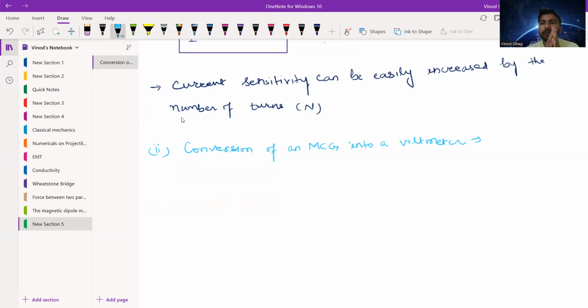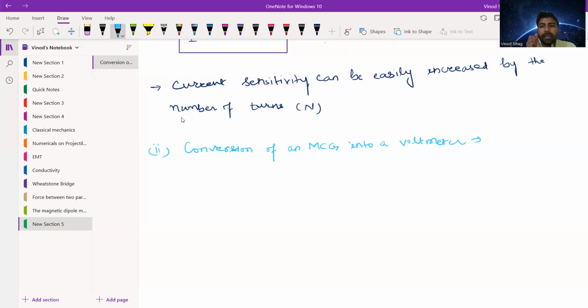As we know, the resistance of an ideal voltmeter is infinity. Why is it infinity? Because voltmeter is always connected in parallel connection, so that we can find out the voltage across any resistor or any electric appliance.